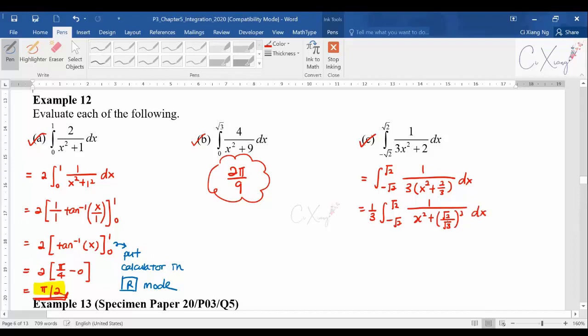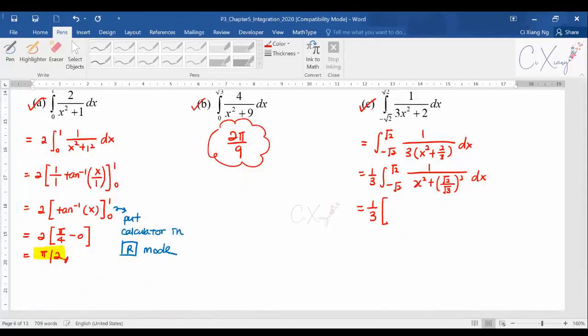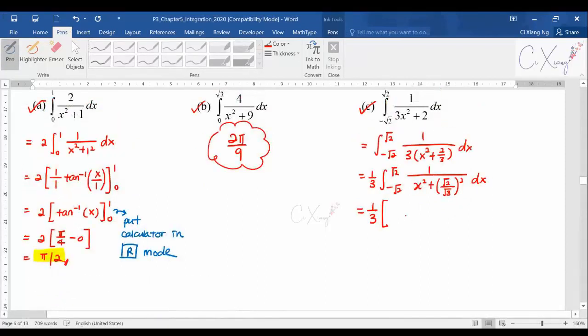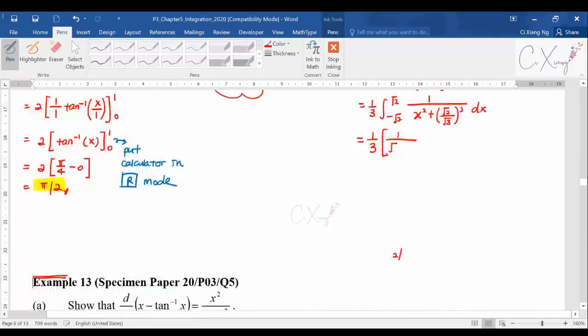So you can see very clearly that this is the 1 over x squared plus a squared pattern. So I do the integration. What do I have here? You'll see that for 1 over x squared plus a squared, the formula should be 1 over a, so it's square root 2 over square root 3.